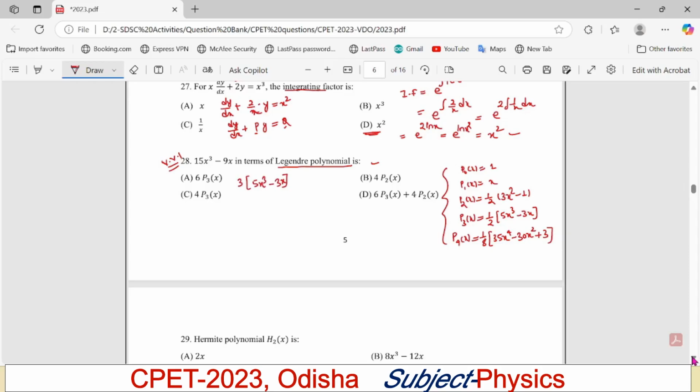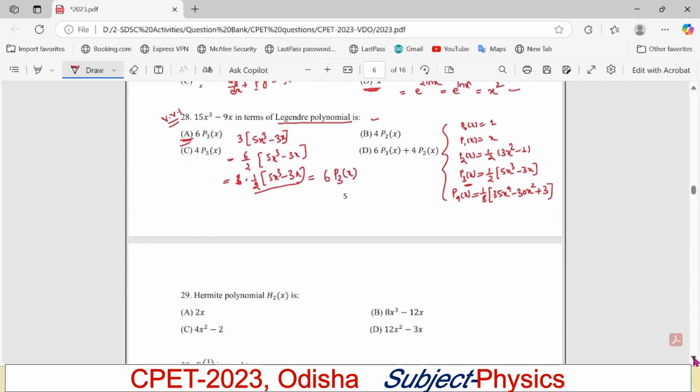So it can be written in this format: 6 by 2 (5x cube minus 3x), or you can write 6 into 1 by 2 (5x cube minus 3x). So here 1 by 2 (5x cube minus 3x) is nothing but your P3(x). So this value will be 6 into P3(x). Option A is the correct answer.